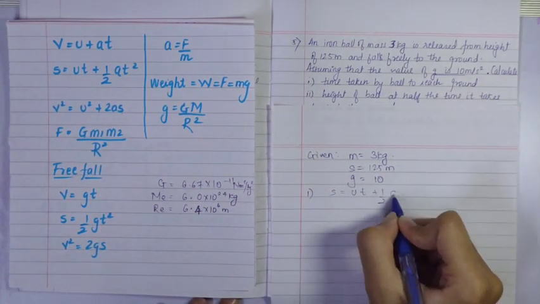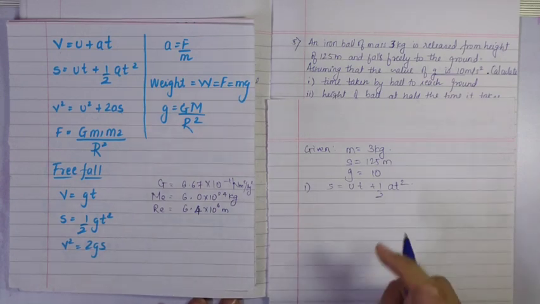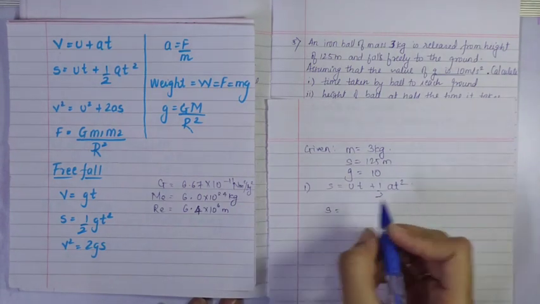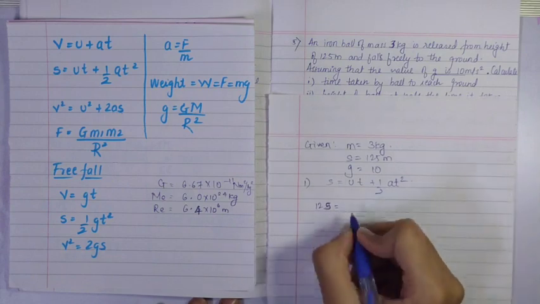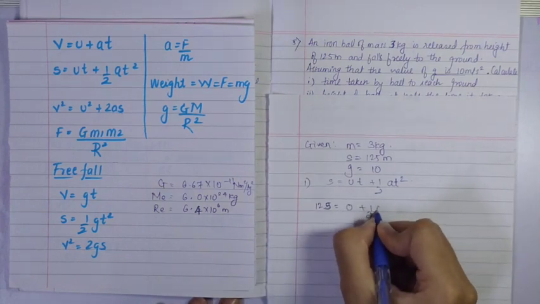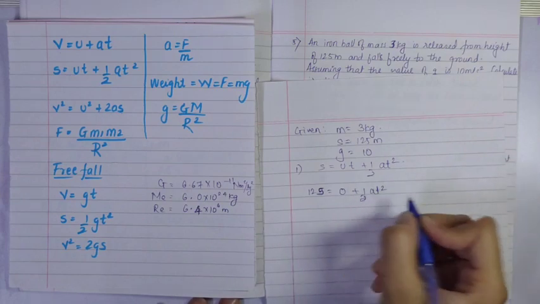Now what will be your U here? U will be 0 because whenever you release an object from top, first of all the initial velocity will be 0, and when you release it, its velocity starts increasing. So your S, the 125 that is given, will be 0 plus 1 by 2 A t square. What is A now?